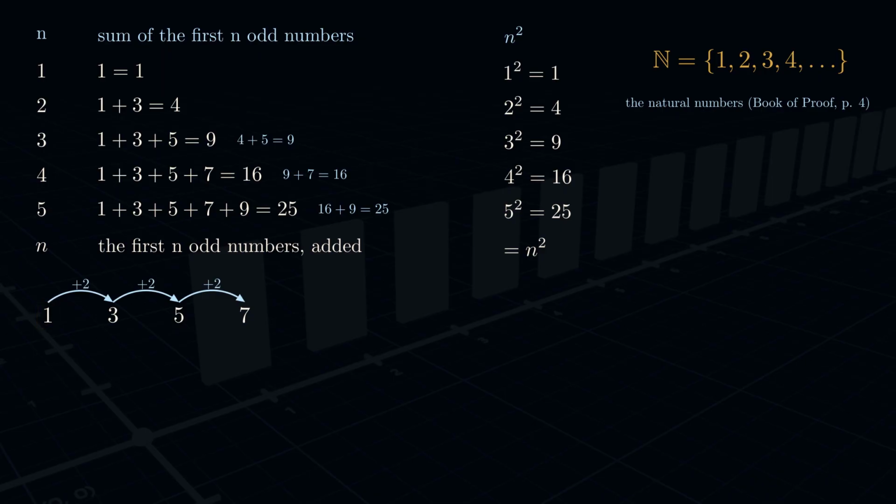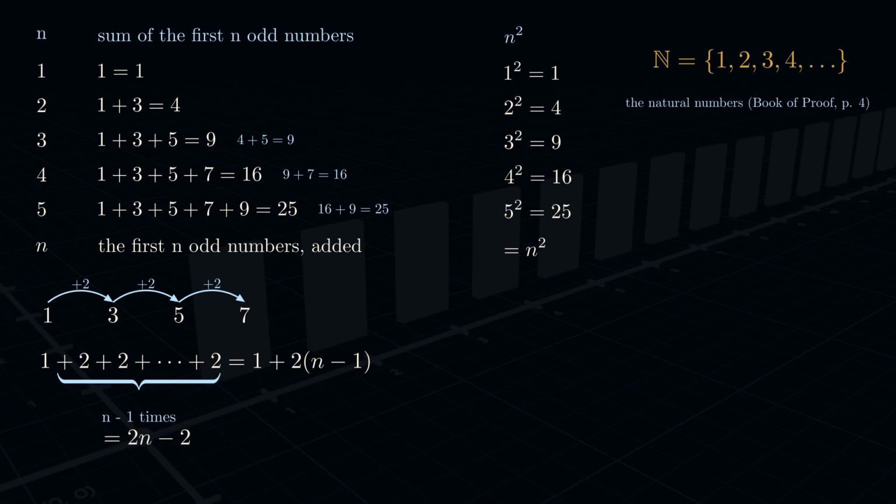So to reach the nth odd number, you start at 1 and add 2, n minus 1 times. That is 1 plus 2 times the quantity n minus 1. Tidy it. 2 times n minus 1 is 2n minus 2. Add the 1. 2n minus 1.